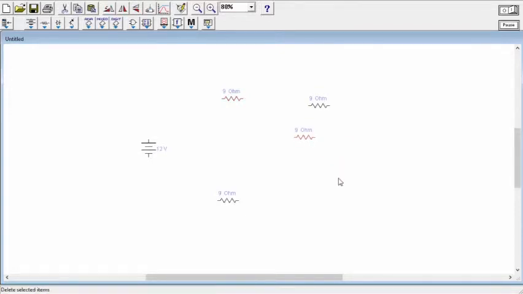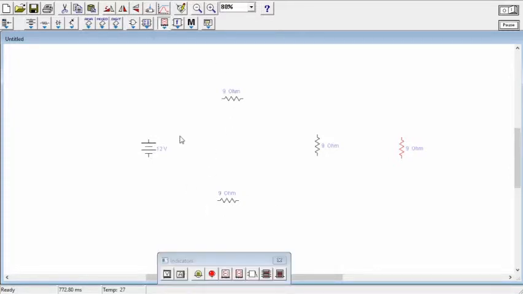Right click, rotate, and right click, rotate. To measure the currents flowing in these resistors, we will use ammeters.